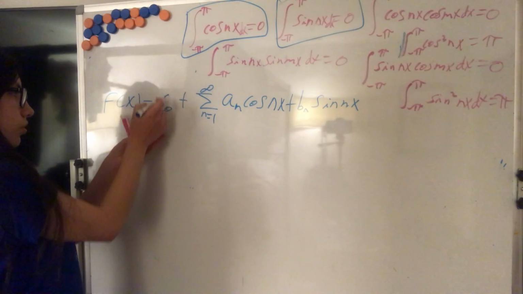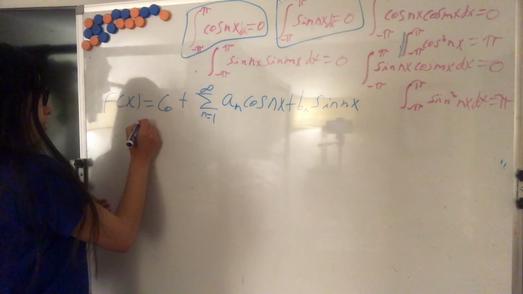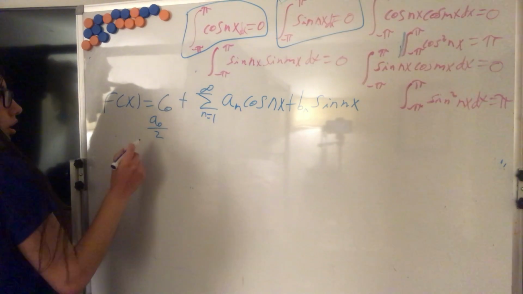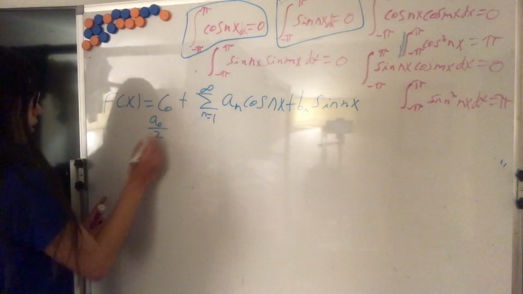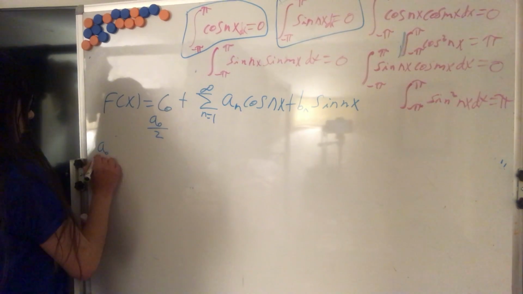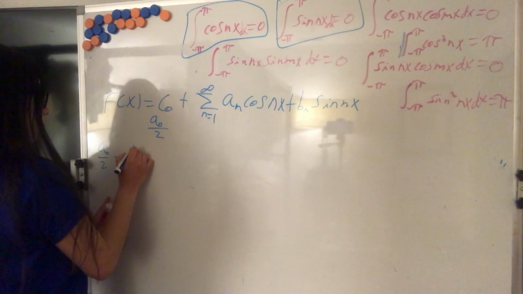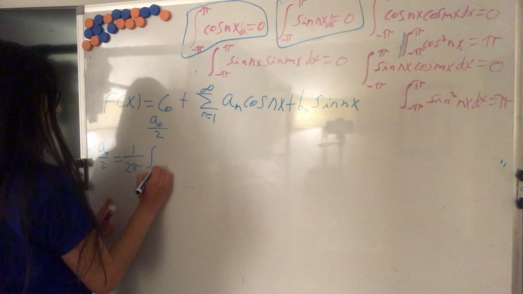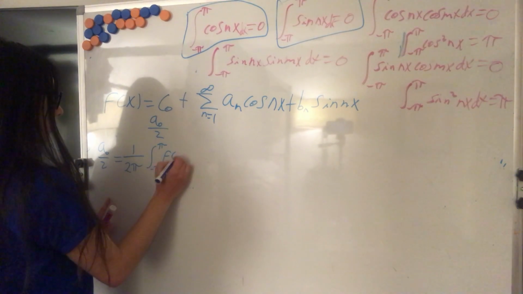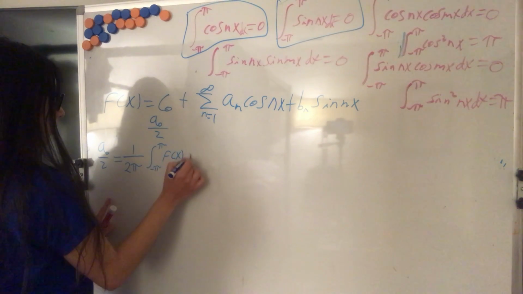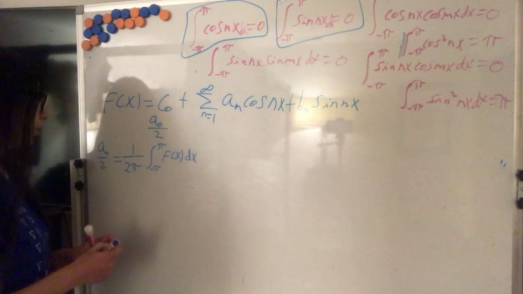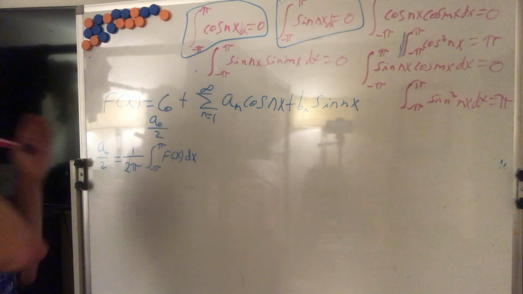We see that the constant term, that we also called a sub naught divided by 2, is equal to 1 over 2 pi times the definite integral from minus pi to pi of f of x dx. Alright, now let's continue with the other ones.